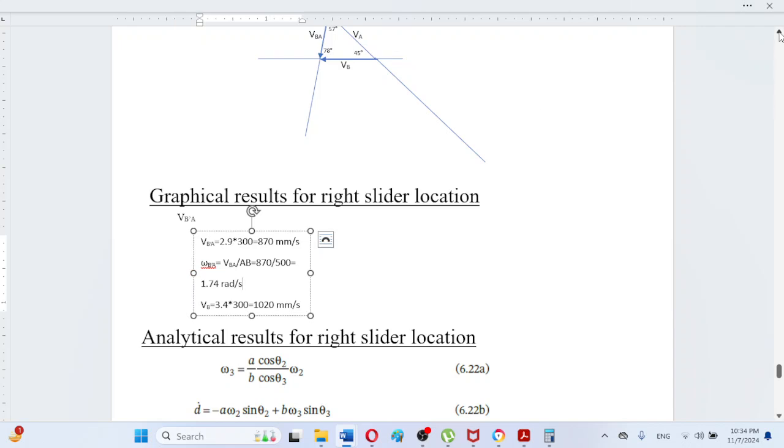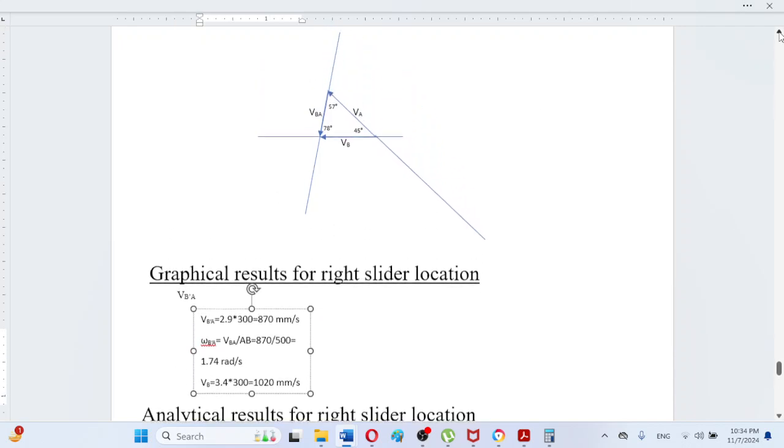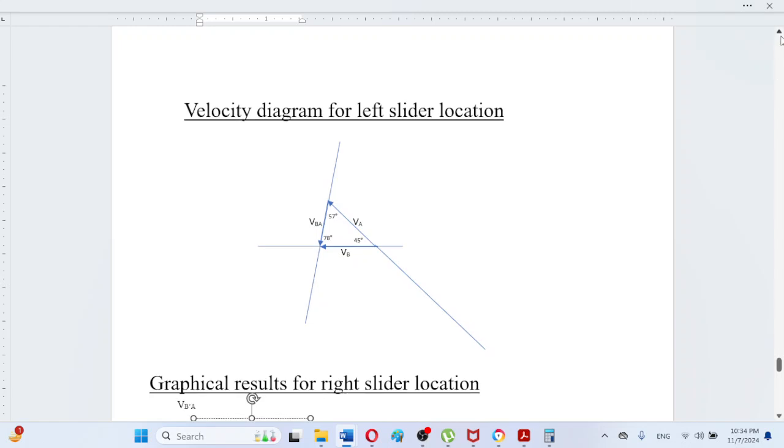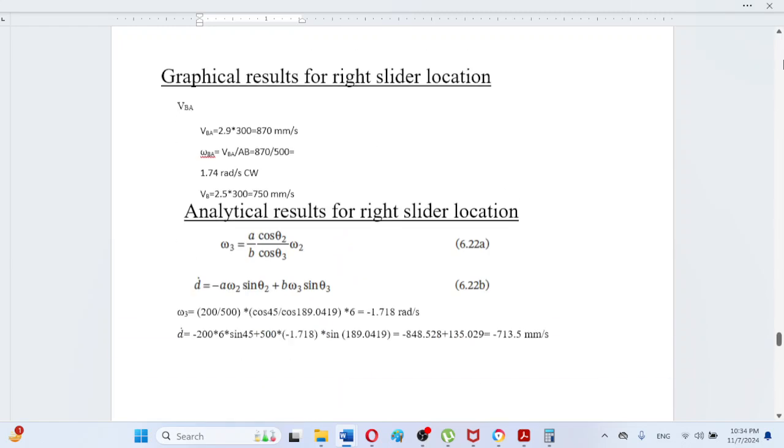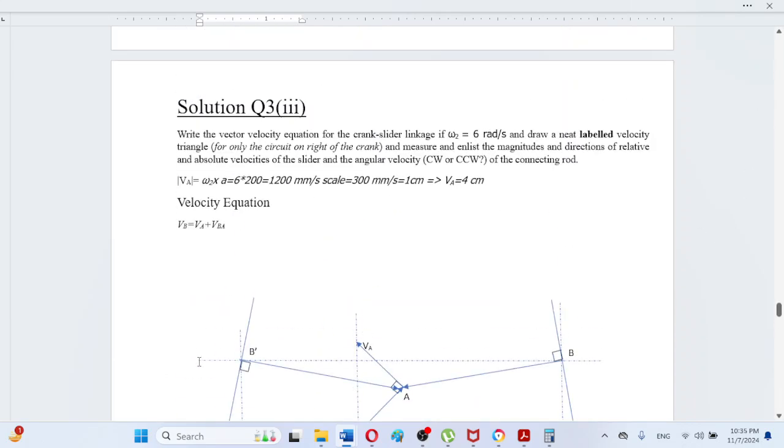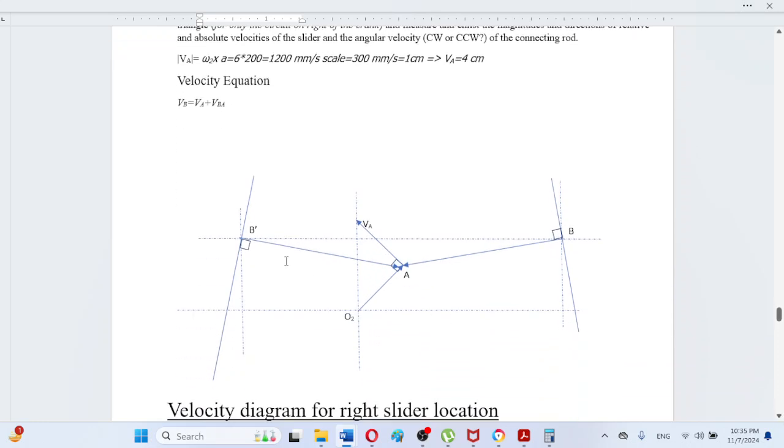So for the connecting rod, when the slider will be located in the second quadrant or in the left hand side, we can observe that the velocity vector will be here, so that will actually be rotating the connecting rod in the counterclockwise or positive orientation.